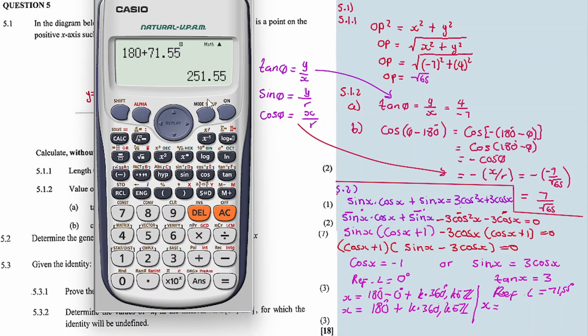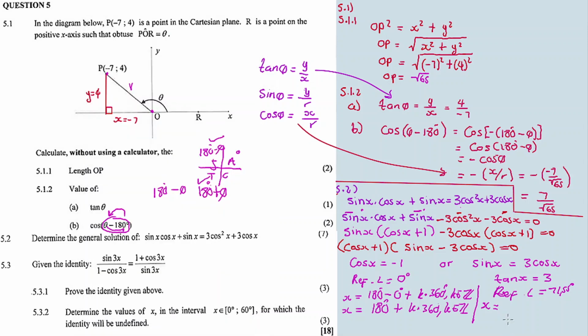The answer is 251.55 degrees plus k times 180 degrees. This is for the third quadrant. Or x is equal to 71.55 degrees plus k times 180 degrees.